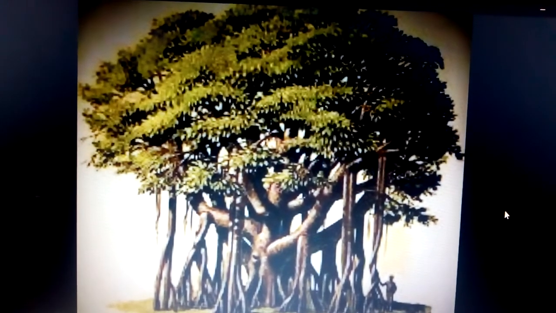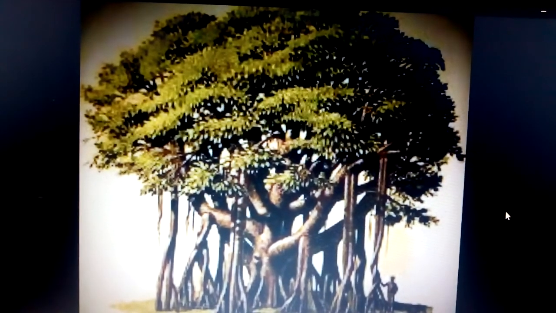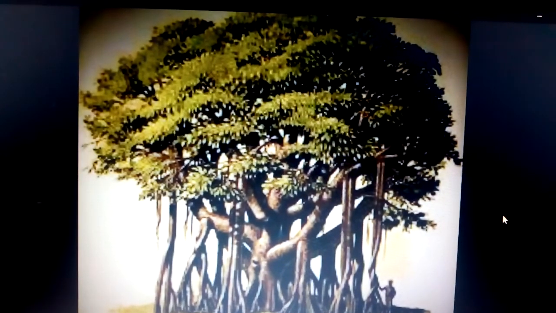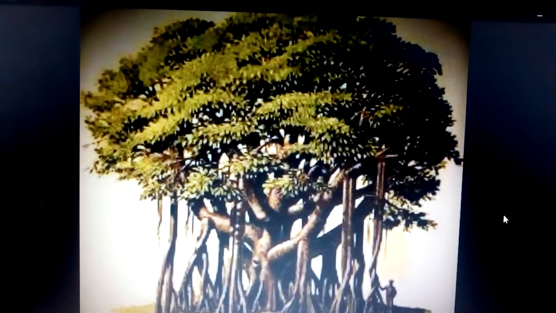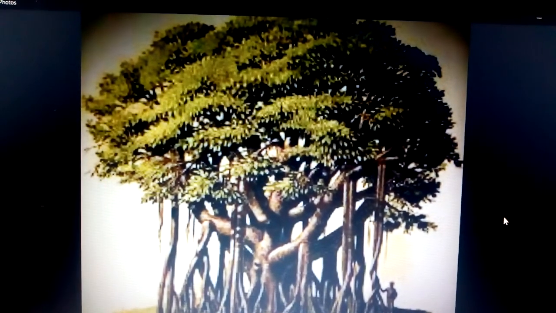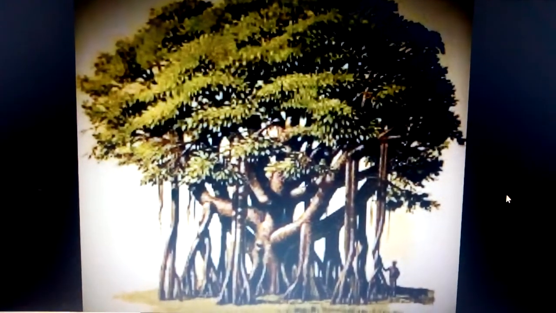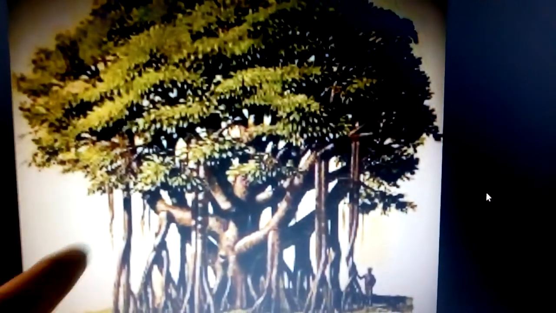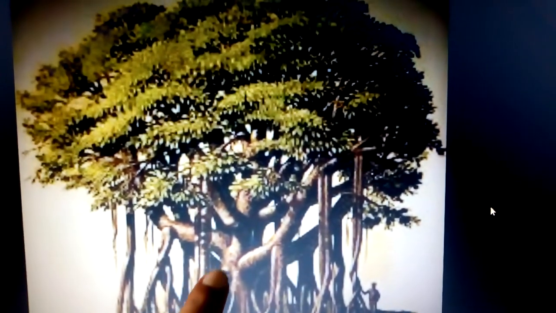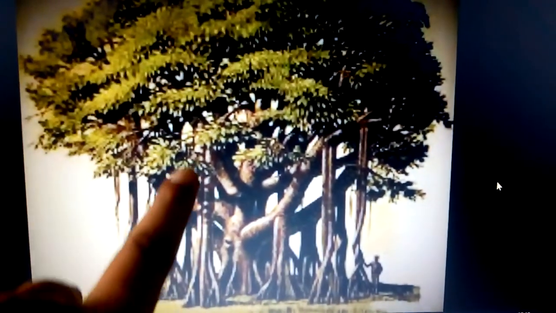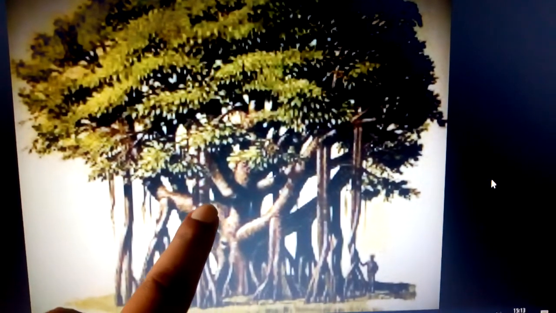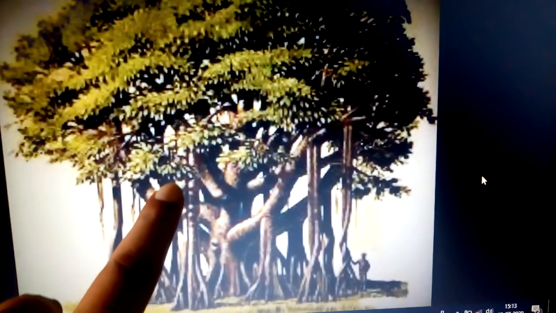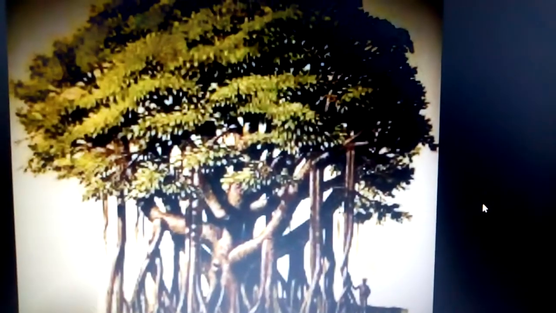We basically see it in banyan trees, and it spreads over a large area and gives extra support to the trees. This type of root comes from the branches. Generally we see it in banyan trees.